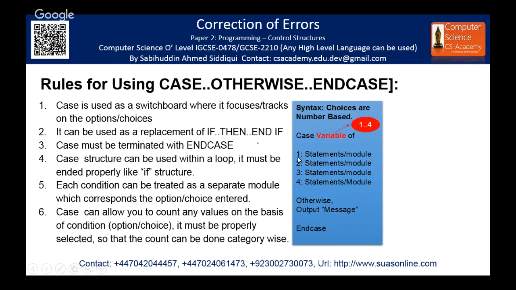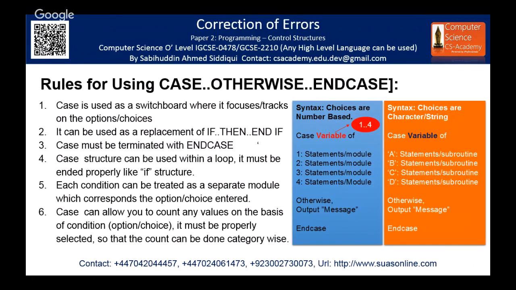So 1 is treated as switch 1, 2 as switch 2, 3 as switch 3, and 4 as switch 4. On each number, the option will be the corresponding statement.